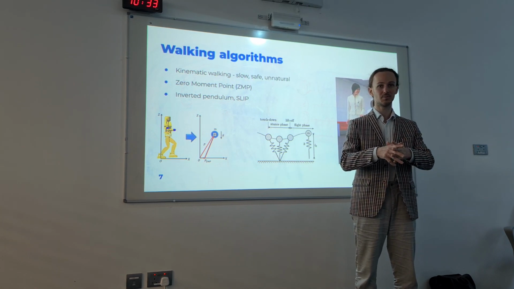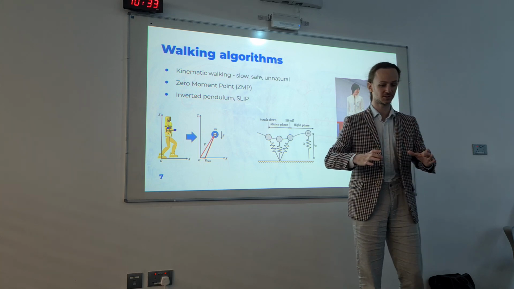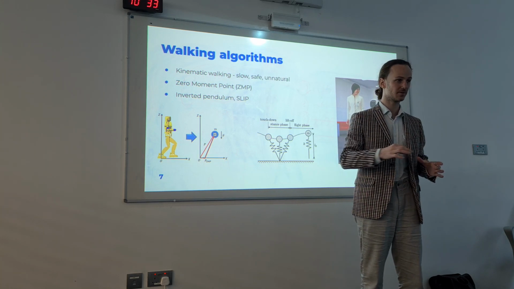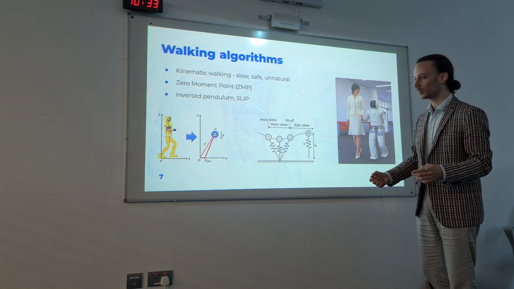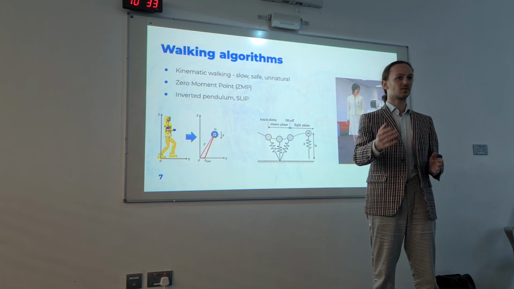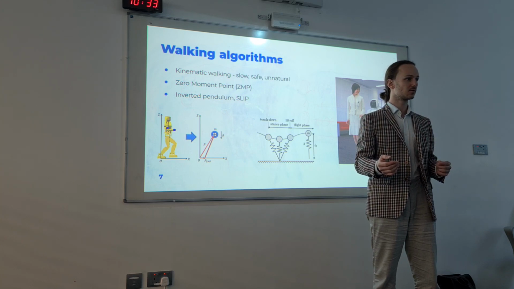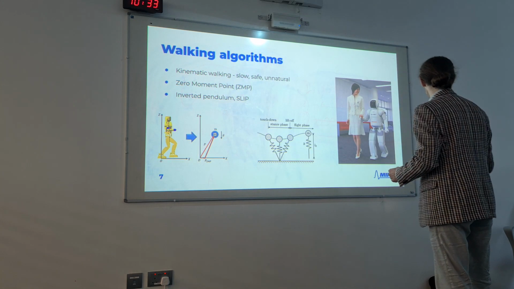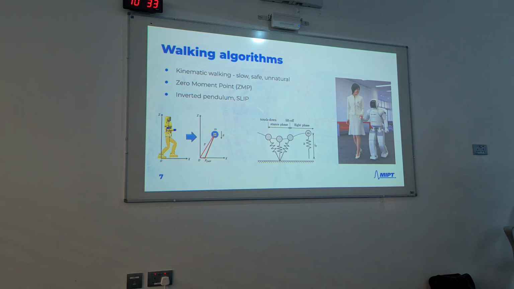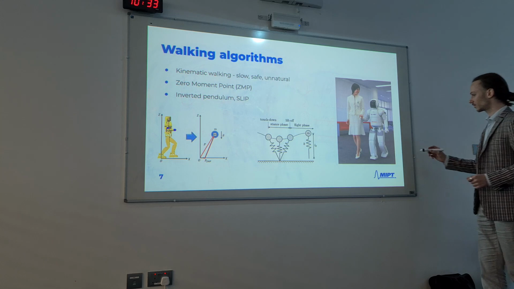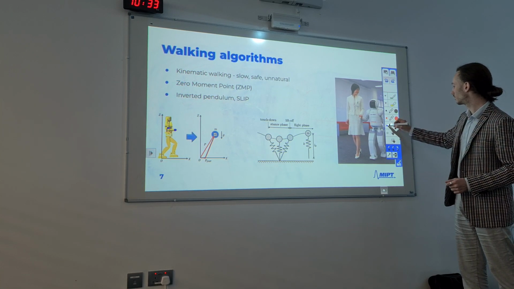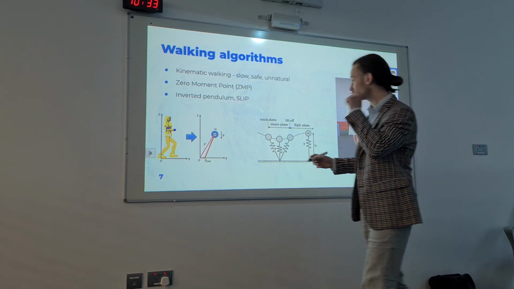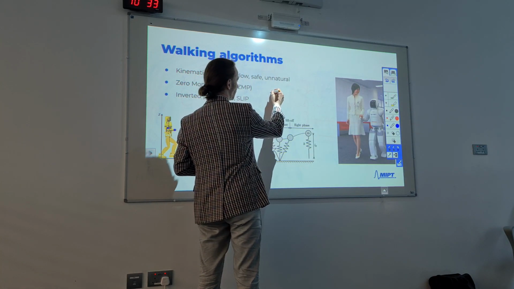We have to keep the projection of the center of mass in the so-called support polygon of the contact points. So what is that? You know what a convex hull is? The convex hull of a set of points is the following thing. Imagine a set of points.